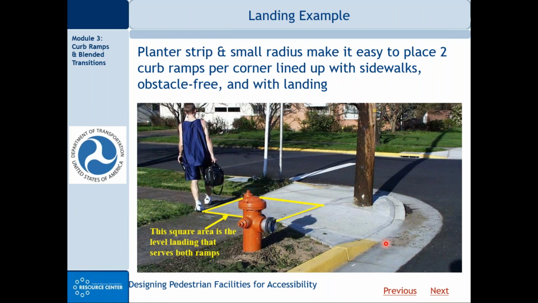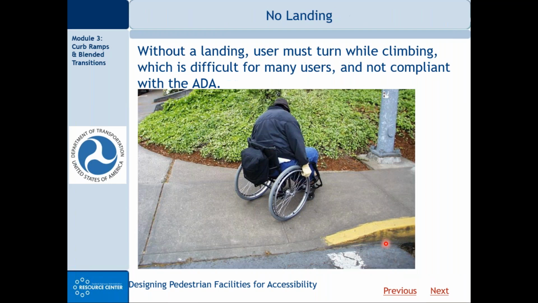So here we see a ramp and notice, or here we see 2 ramps actually, and the landing. And notice in this case, the landing serves 2 ramps, which is fine. I would notice the ramps lack detectable warning surfaces, so that's not a good thing. That's not compliant. I think we looked at this photo yesterday, and I pointed out the difficulty in making this maneuver and the importance of having a level landing at the top of the ramp.